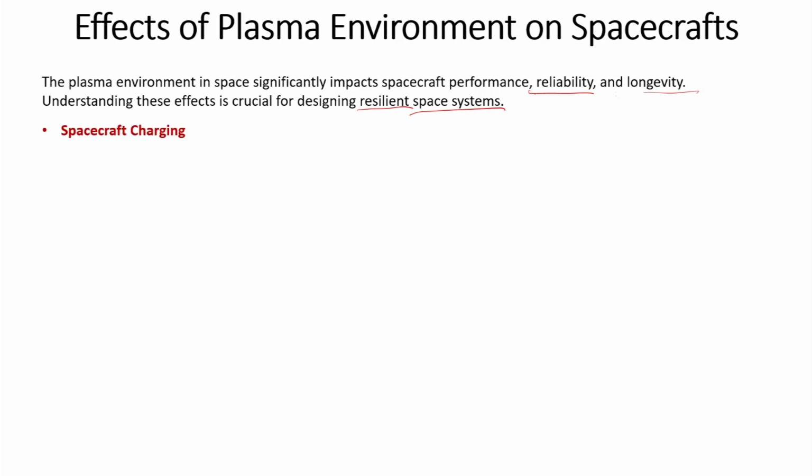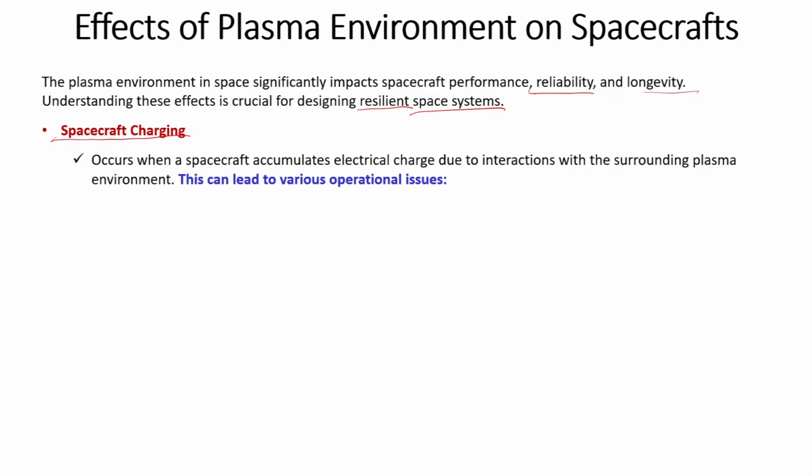One very important, or very dangerous, effect which happens because of the plasma environment is spacecraft charging. We will discuss it in detail, but I will introduce it here. Spacecraft charging occurs when a spacecraft accumulates charges.